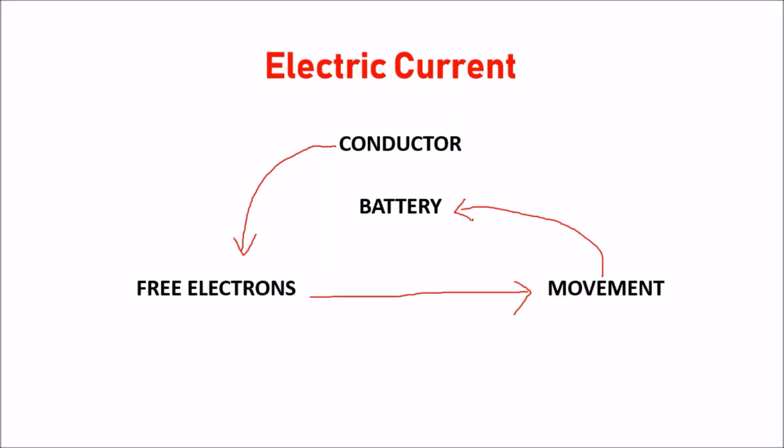So try to understand this flow chart. Conductor is a metal which allows electricity to pass through it, and all conductors will have free electrons. So free electrons will be in motion. There will be movement in free electron. That movement is caused because of battery.